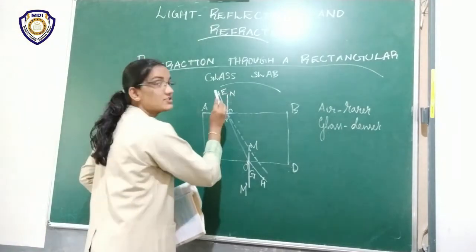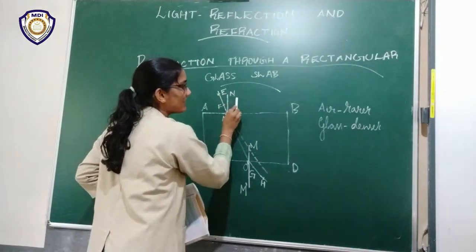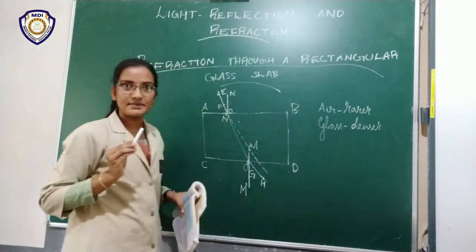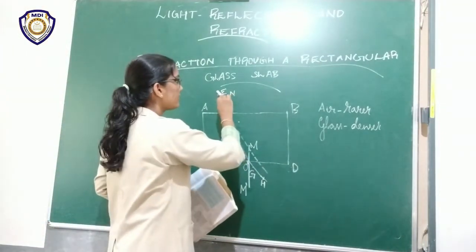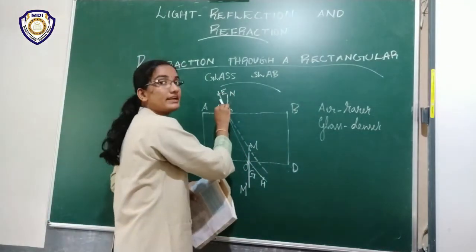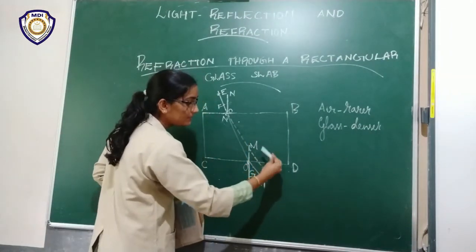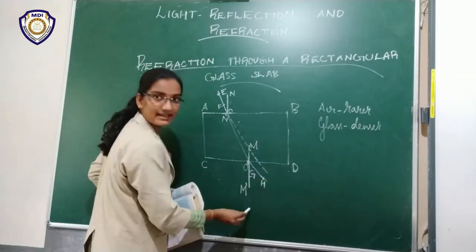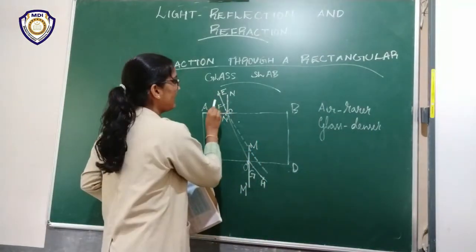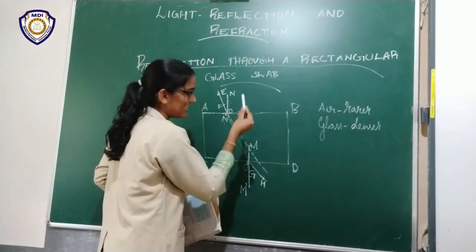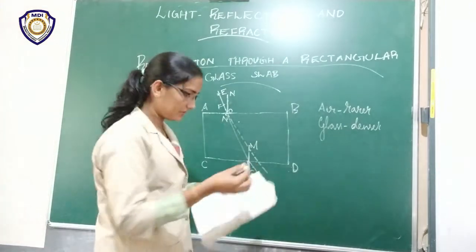So the light travels from the rarer medium to a denser medium here, and at the other surface from the denser medium to a rarer medium, that is air to glass, glass to air.